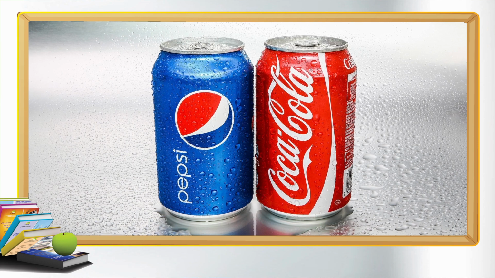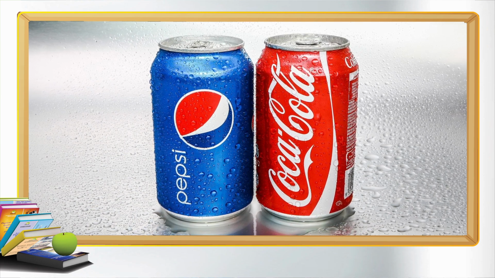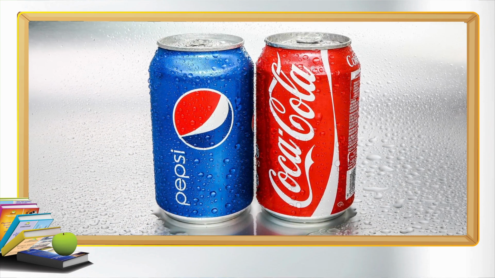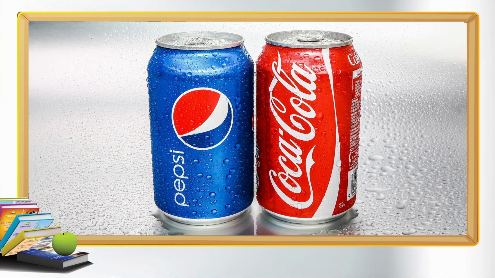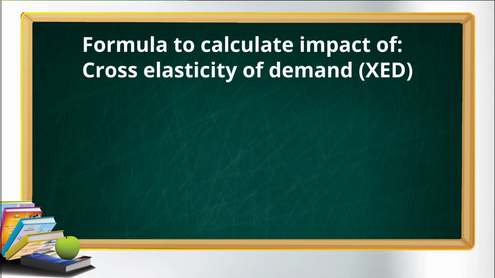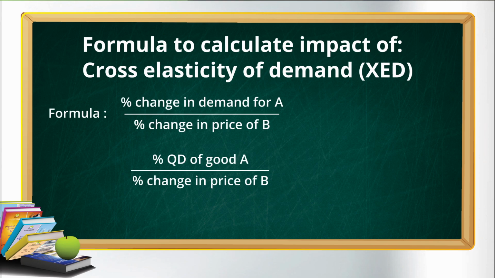These two goods are related, so an increase in the price of one directly impacts the demand for the other. We calculate the impact of cross-elasticity of demand, meaning the impact one product's price makes on another, using this formula. Cross-elasticity of demand equals the percentage change in quantity demanded, or QD, of good A divided by the percentage change in price of good B.